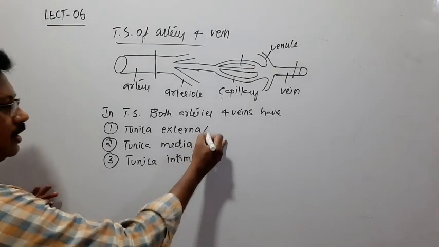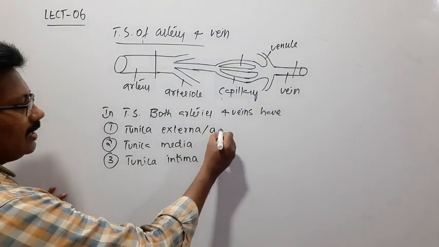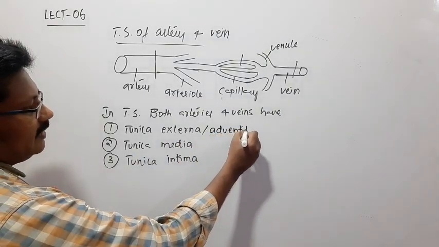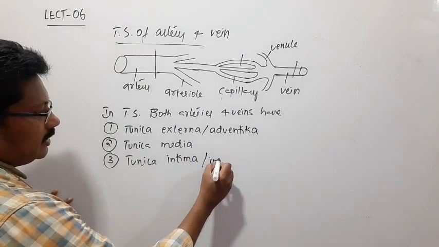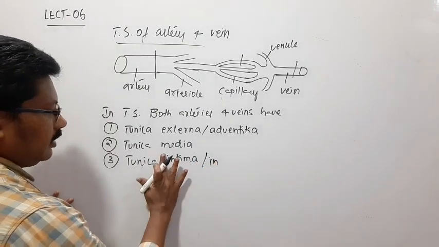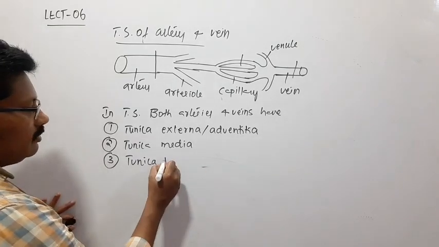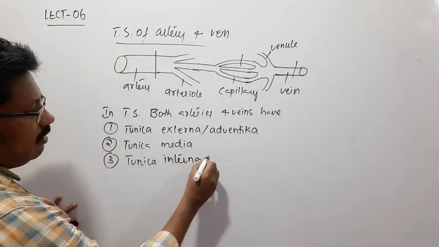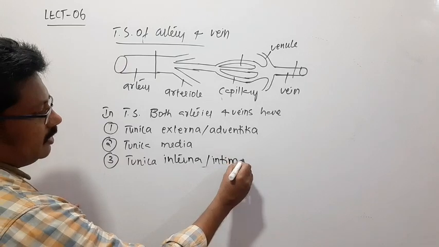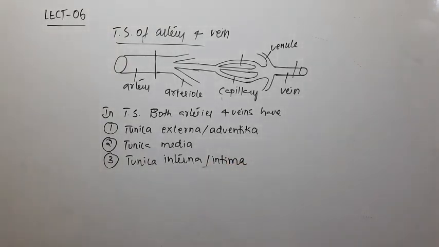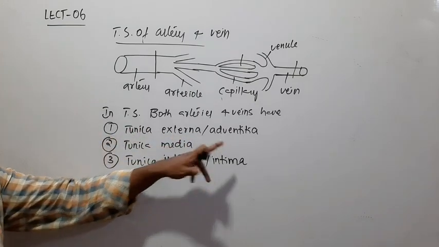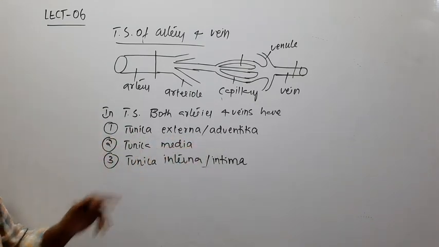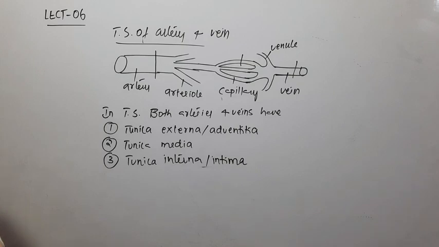You can also call the tunica externa adventitia, and tunica intima also interna. I'll write it like this: tunica interna or intima. So in total we have three layers: tunica externa or adventitia, tunica media, and tunica interna.